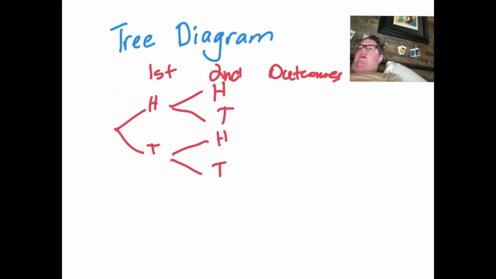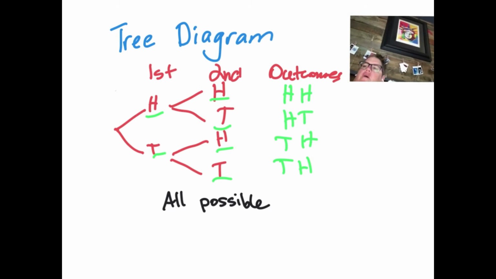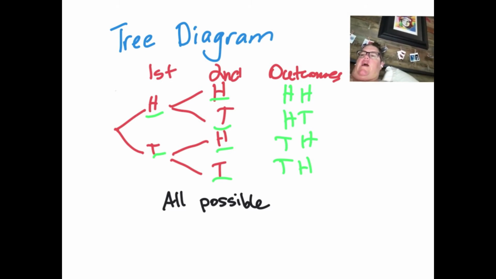So our outcomes now follow this line here: head, head, head, tail, tail, head, or tail, tail. So that is our sample space and all of our possible outcomes.